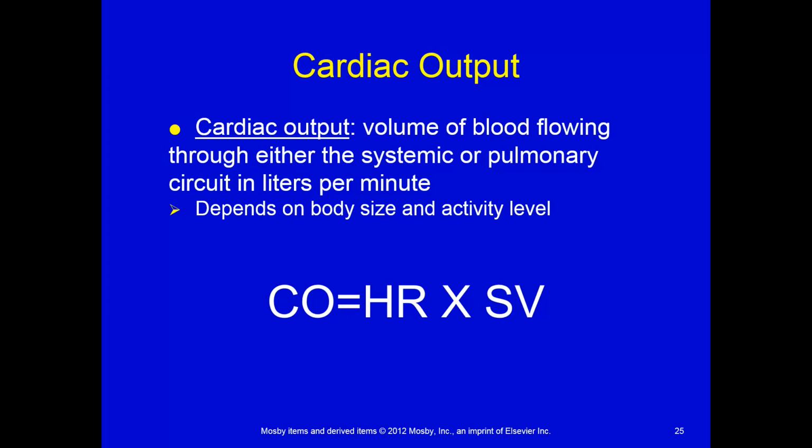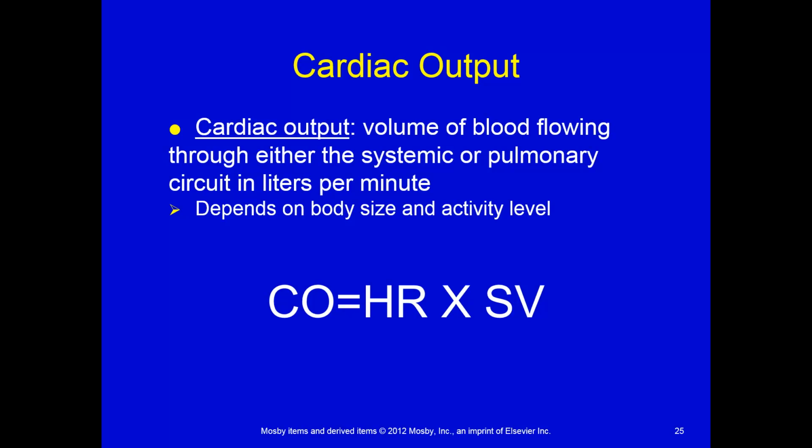So the volume of blood that gets pumped out of the heart every minute is what cardiac output is. There's a formula for it, as you guys are probably aware, and that is cardiac output equals heart rate times stroke volume. And again, I hope that makes sense to you, because the amount of blood being pumped out of the heart to the body depends on how fast the heart is beating and how much volume the heart is actually able to beat out, right?